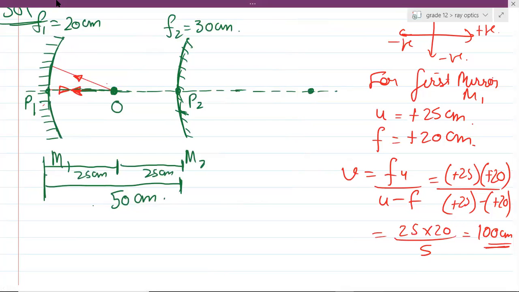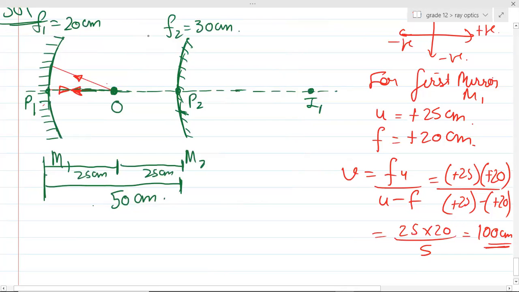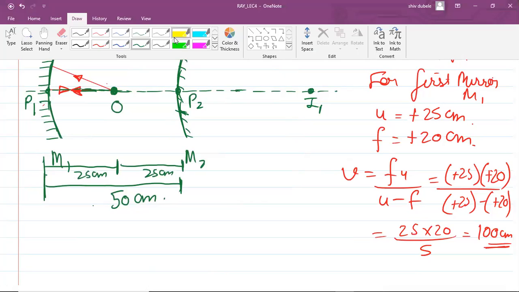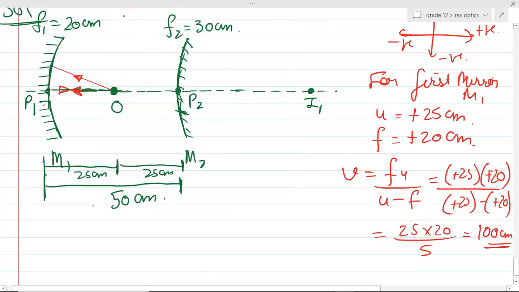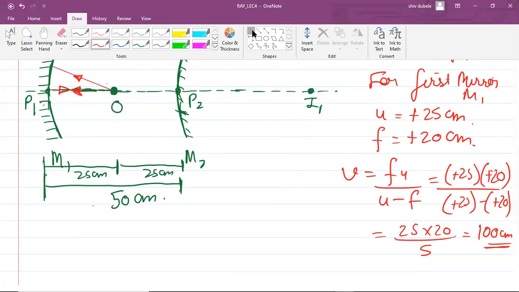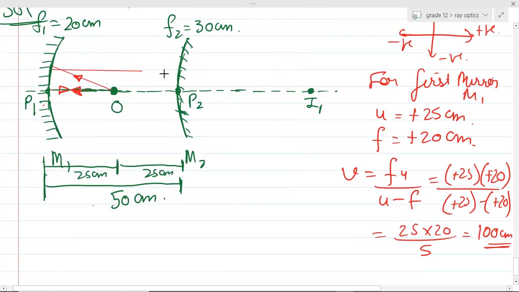So basically, this is the image formed by the first mirror. So the light ray will go like this. But can you see, before it reaches I1, it will get reflected back? Yes or no?